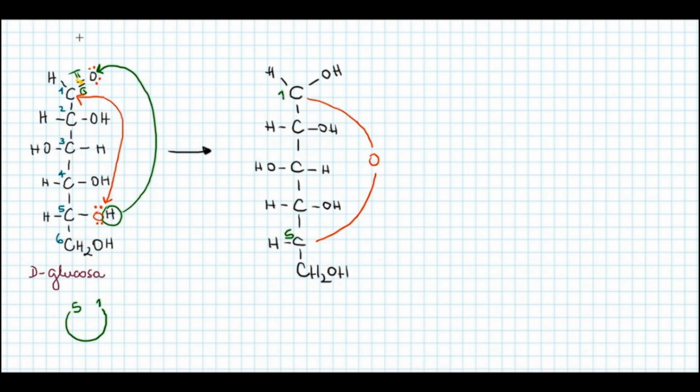So the carbons that are forming this cycle are carbon 1, carbon 2, carbon 3, carbon 4 and carbon 5. If we consider how many atoms form this cycle, 1, 2, 3, 4, 5, 6 atoms form this ring, and since they are 6 atoms it will form a hexagonal structure where 5 of those vertices are going to be carbons and 1 is going to be oxygen.